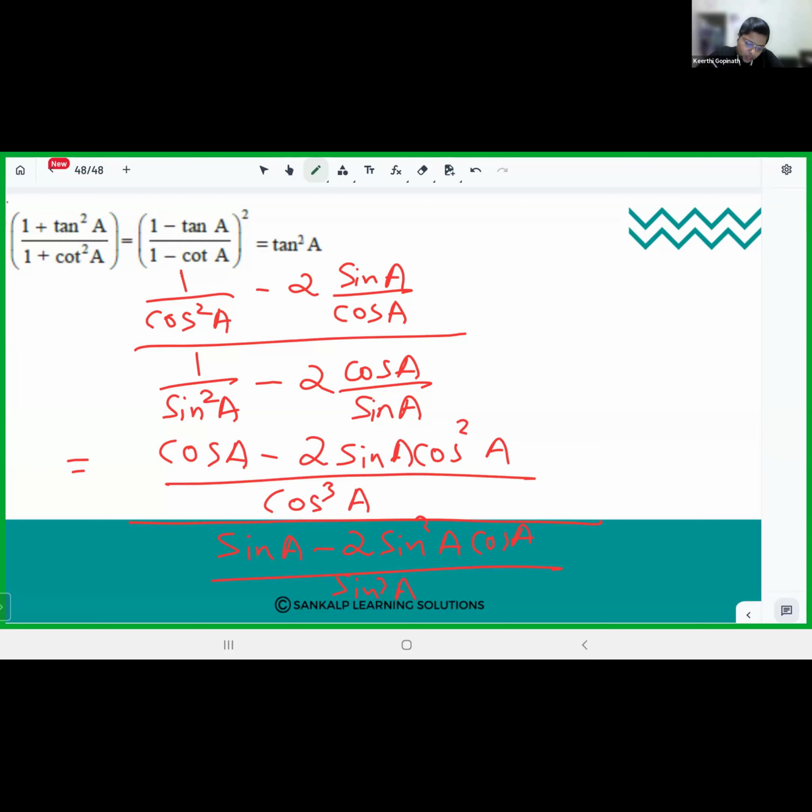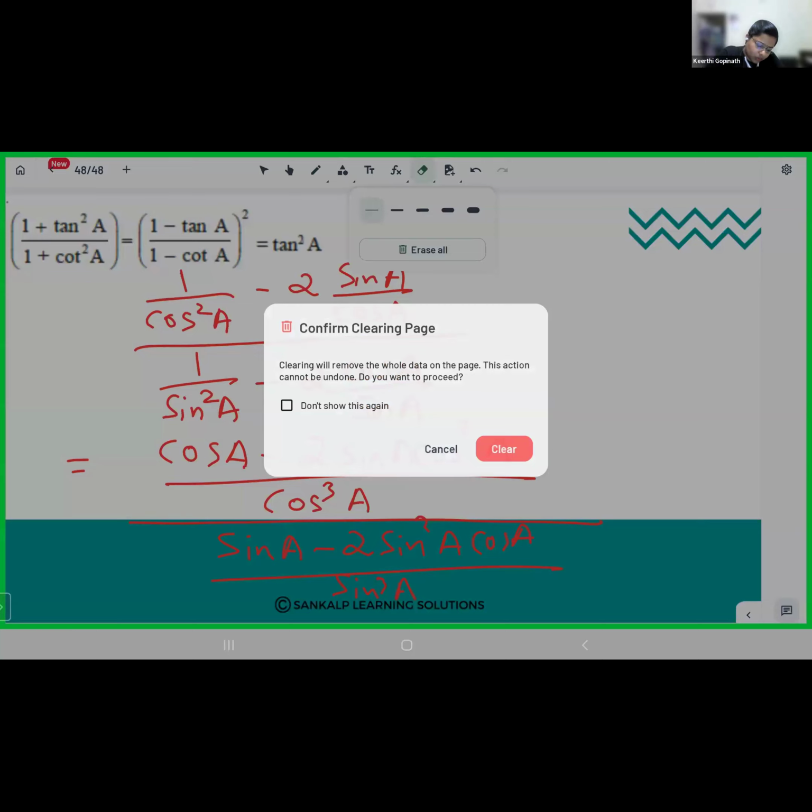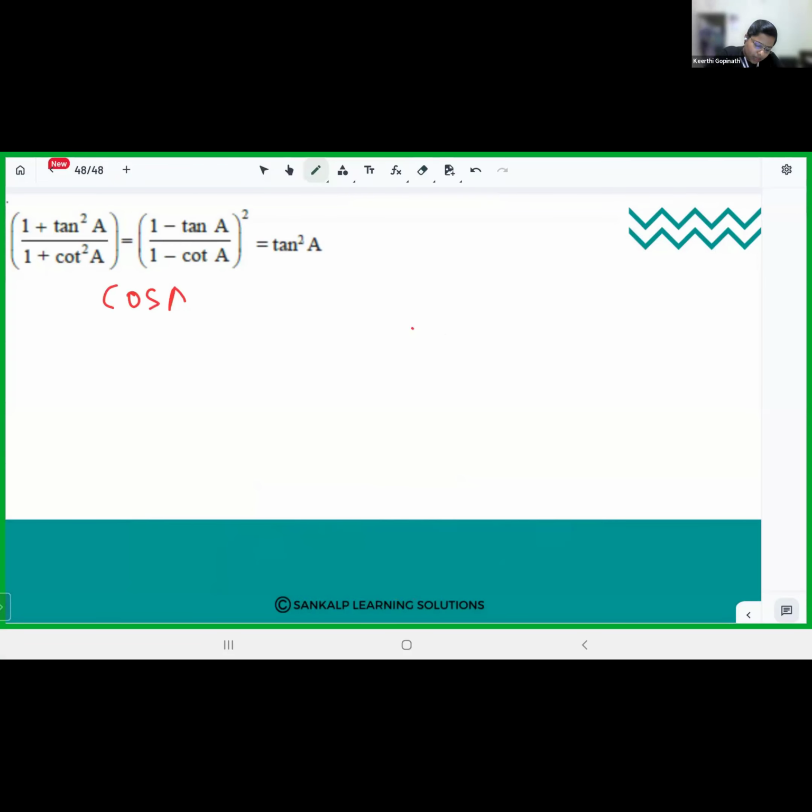So I think cos is common in the numerator. Similarly, in the denominator, sine is common. So you can take cos and sine outside from the numerator and the denominator respectively. That is equal to cos A into 1 minus 2 sine A. It was cos square A, right?